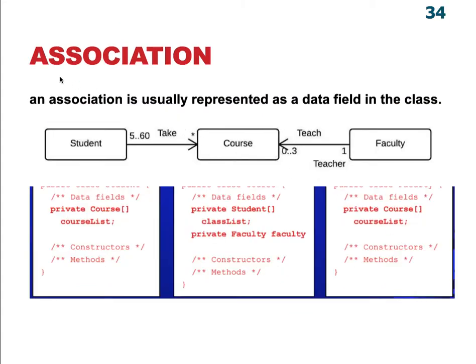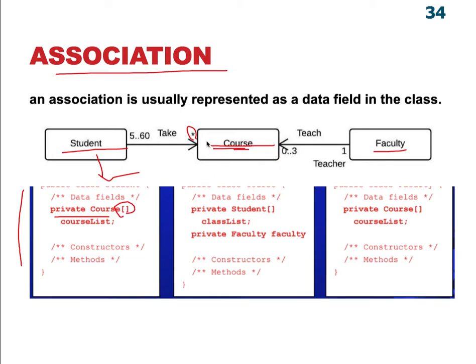When you have identified association between classes like course and faculty, what will the source code look like? In source code, the associated classes appear as instance members. For the student class, course will appear as an instance member, and students can have an unlimited number of courses, so you will have an array or array list.